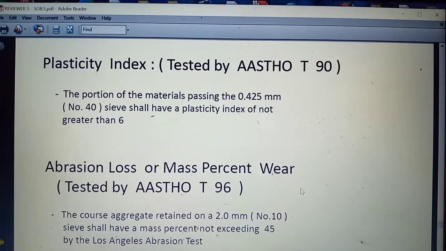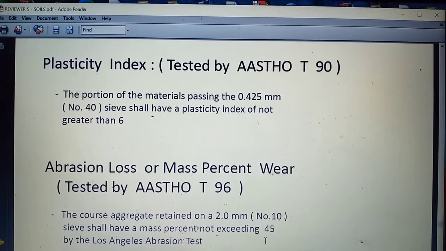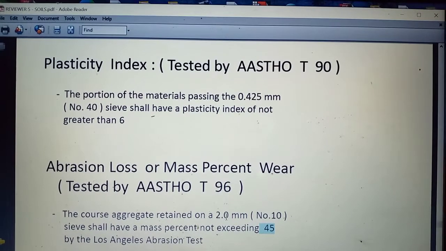Ito yung pero may pagkakaiba siya. So, yung Los Angeles abrasion test yung ginagamit dito. And then, it shall have mass percentage of wear not exceeding 45 under 2 mm or number 10 sieve.